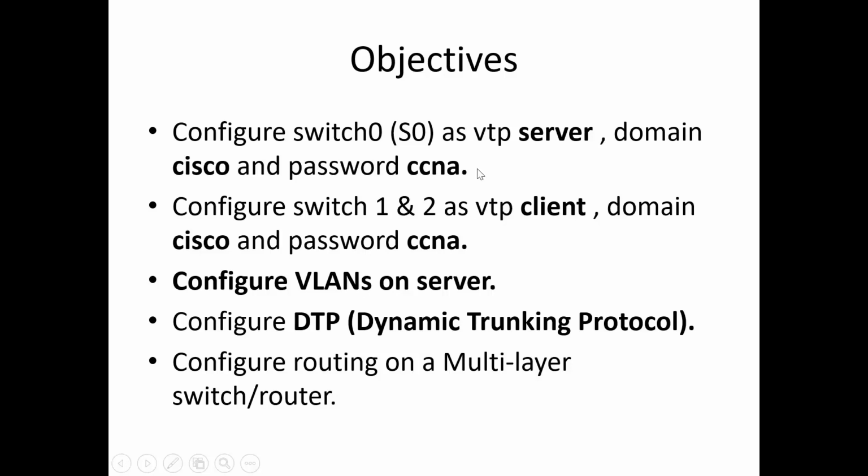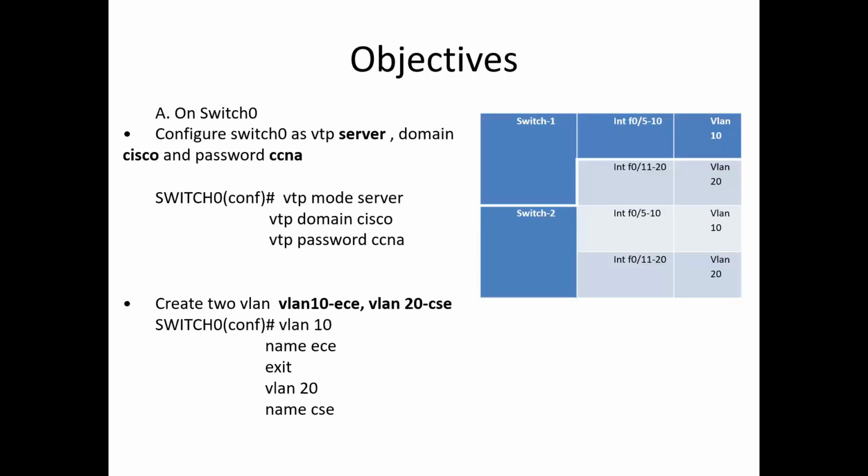Then we can configure VLANs on the server, only on the server switch; we need not do it on switches 1 and 2 manually. Automatically the information will be received, but it will be received only if the links between the switches are trunking. Then we will configure routing on a multilayer switch or the router. We are going to look at the router, and I will discuss the commands for the multilayer switch.